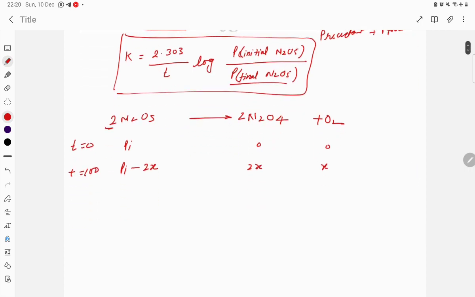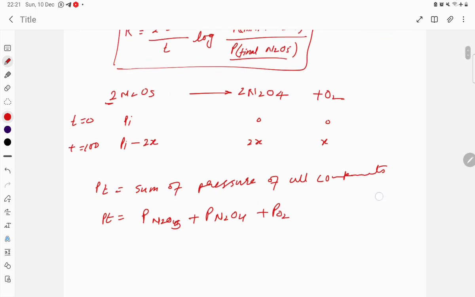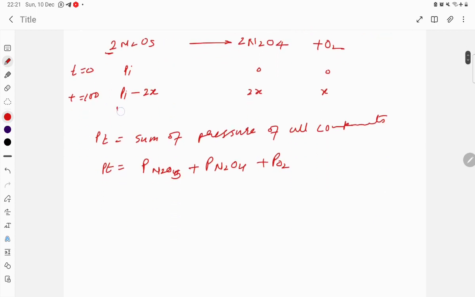Now PT means P total, which means the sum of the partial pressures of all components. So we can write PT is equal to P N2O5 plus P N2O4 plus P O2. Now we put these values: Pi minus 2x plus 2x plus x.